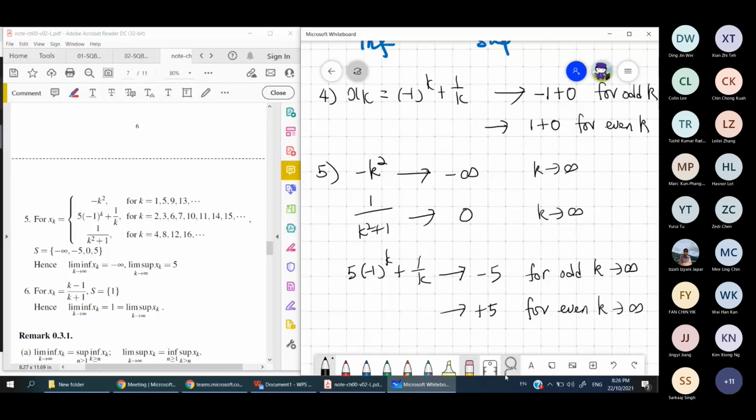So we can see we have 4 possible limits. So in this case, S will be minus infinity, minus 5, 0, and 5. Then in these 4 numbers, we just need to identify which one is the infimum, and this is the supremum. So negative infinity and 5 will be the limit infimum and limit supremum.